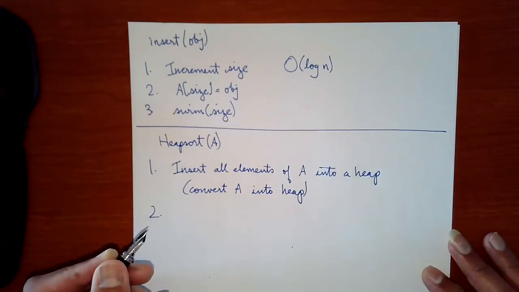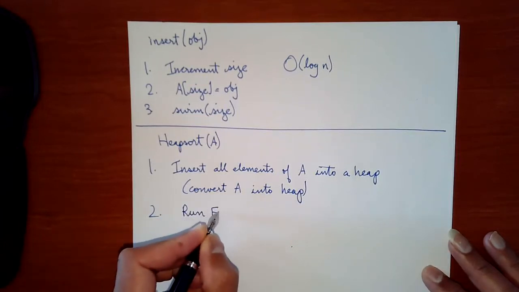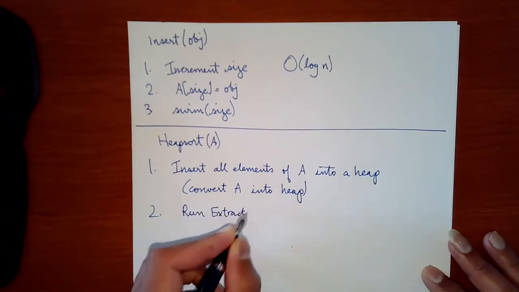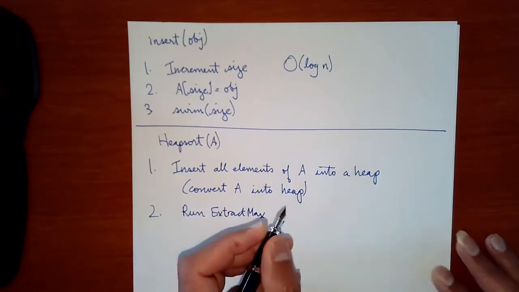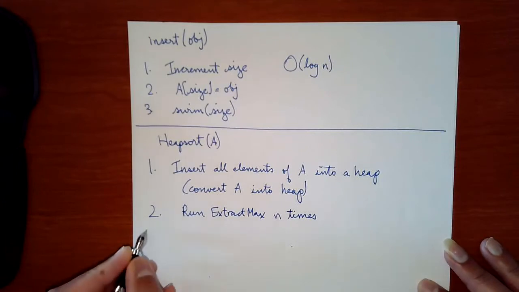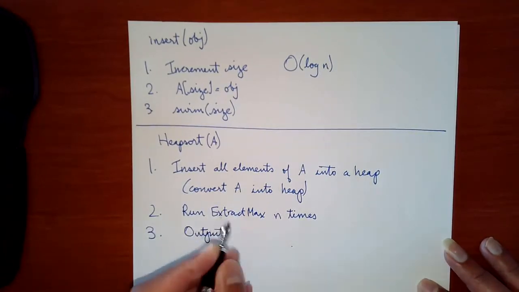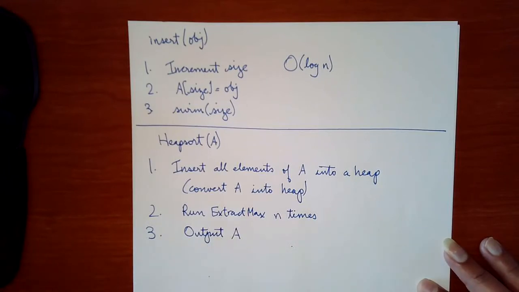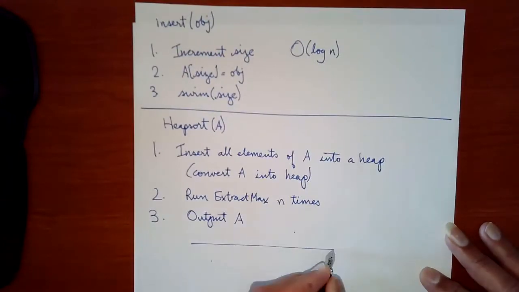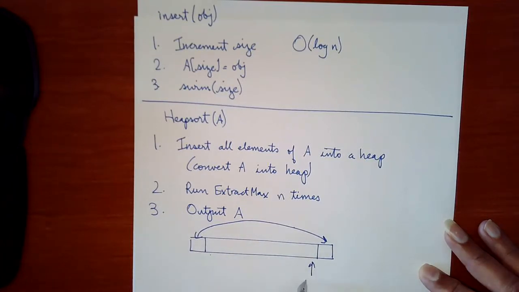And then what you simply do is run extract max n times, and essentially just output A. So if you think about it, when you do the extract max, it basically swaps the heap's root with the end and then decrements size.